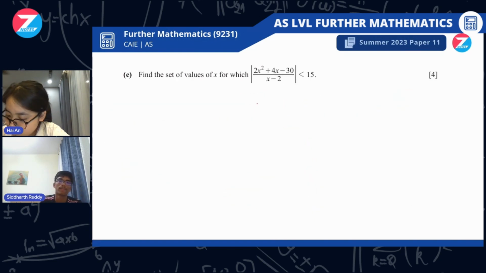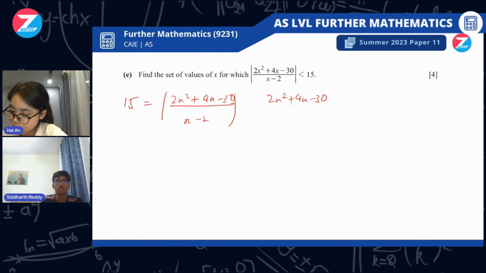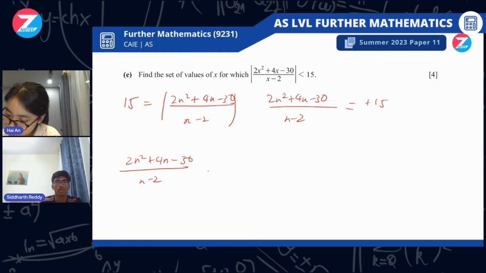So let's do it. 15 is equal to the absolute value of 2x squared plus 4x minus 30 by x minus 2. Oh, by the way, this is multiplied by 2 on the top, but it doesn't matter. Something similar only. So 2x squared plus 4x minus 30 by x minus 2 is equal to either plus 15 or minus 15.